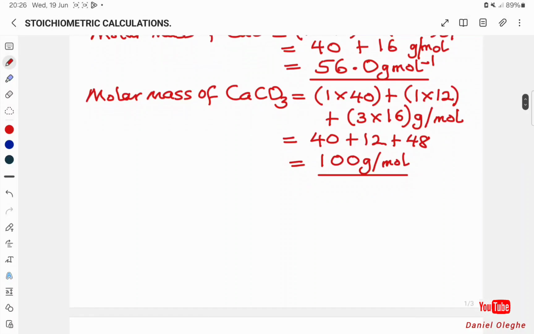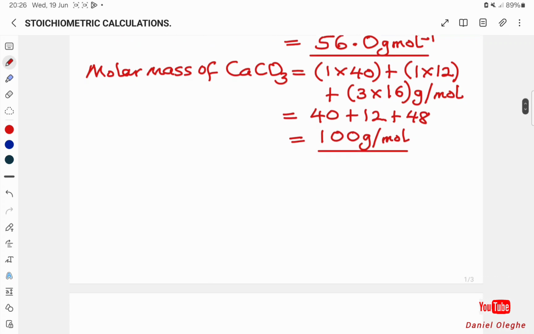The next thing that you do is to relate them mass to mass. That is, we find the mass of the calcium oxide from the mass of the calcium carbonate given in the reaction. So step 2. Like I told you, we are using this method, mass to mass.